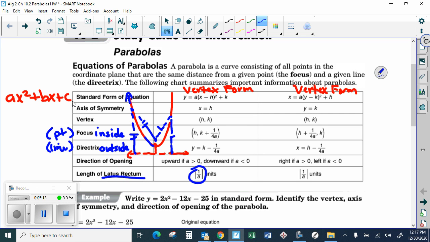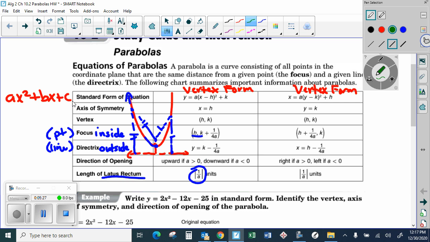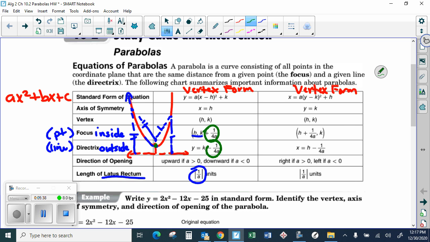Okay. So the focus, we see how you get there. Here's the h comma k. Remember, h comma k is the vertex itself. And whether I'm adding or subtracting, obviously if it's the focus, it has to be inside. So in order to be inside, I have to add to it. And I'm adding 1 over 4a to it.